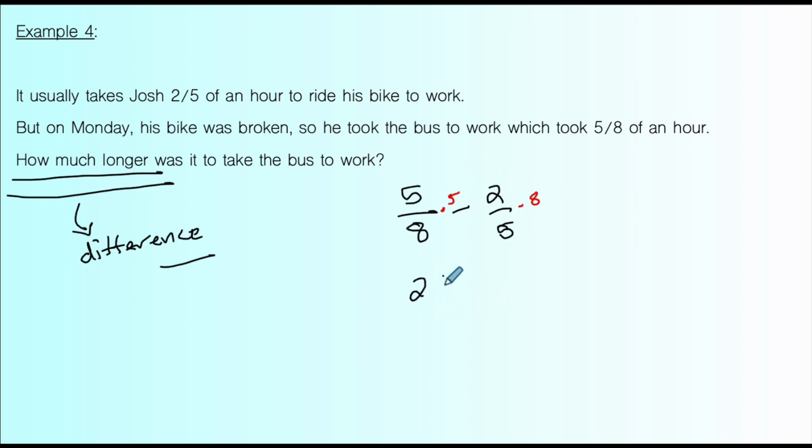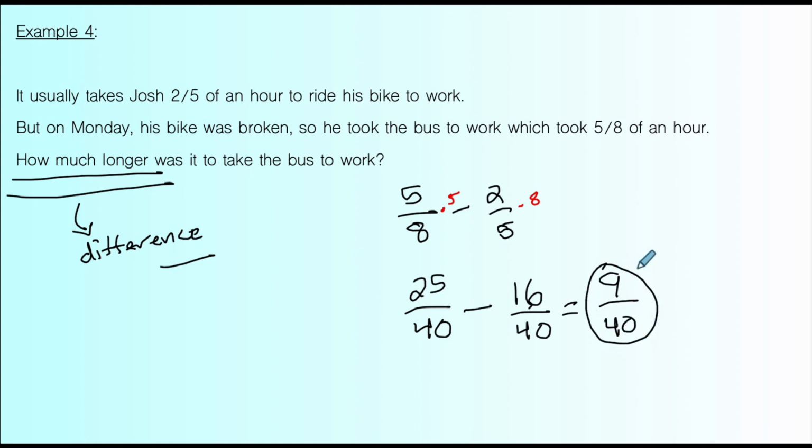So I'm going to have 25/40 minus 16 over 40. And the final answer here, 25 minus 16 is 9. Denominator just stays the same, and you can't simplify that. So to answer the question, it was 9/40 of an hour longer to take the bus to work as opposed to his typical bike ride to work.